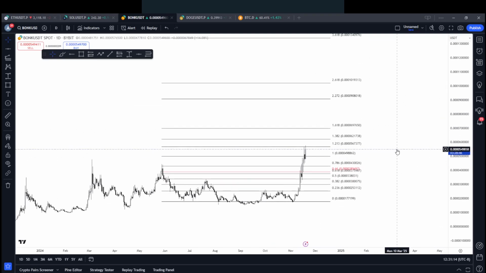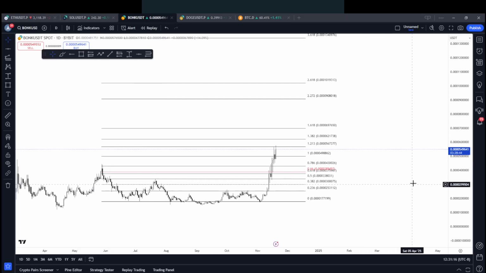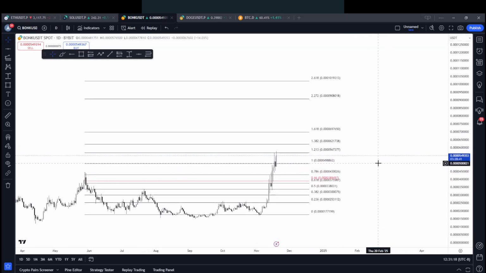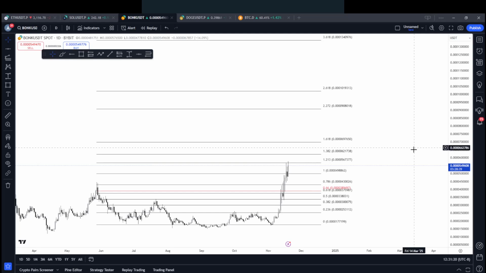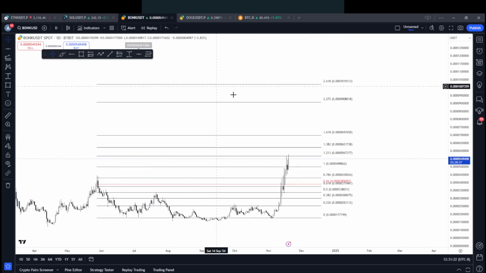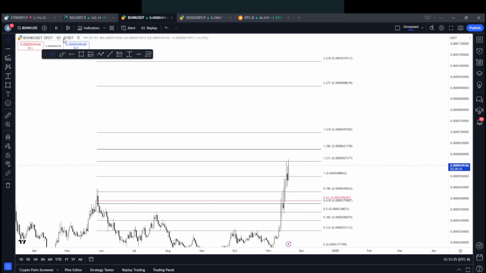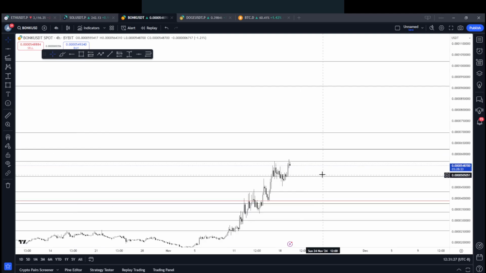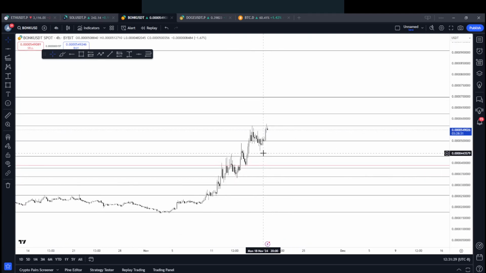I can't really do TA in price discovery, but these are fibs where we could see reactions. If we were to go to a lower time frame, when you have price discovery, this is how you're going to play it.